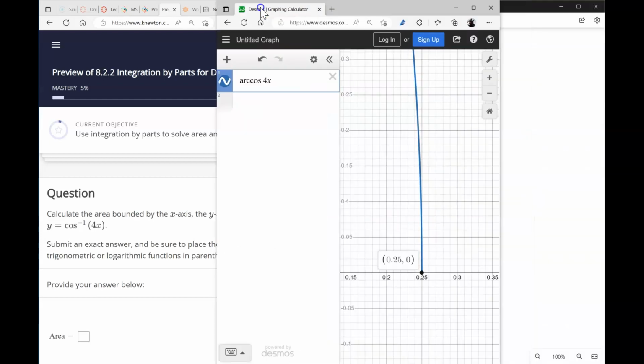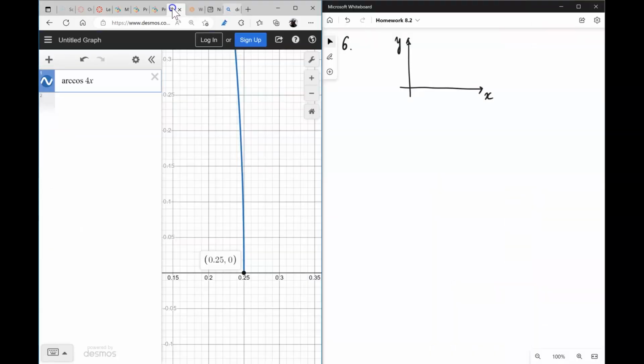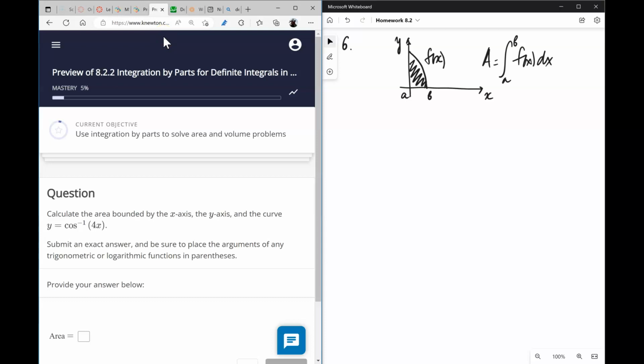Seems like a pretty straightforward setup. If this is my function and I need to find the area underneath the function, all I have to do is just integrate the function on the interval from a to b. This is everything that we need to know here. So to find this integral, to find this area, we have to integrate from 0 to 1/4.